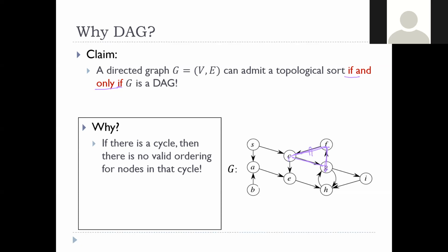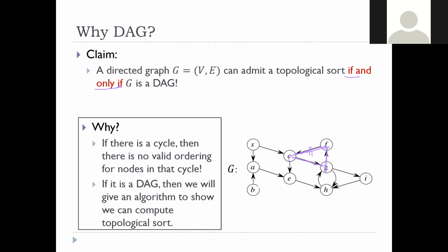To prove that this is the case, we're going to design an algorithm that computes a topological sort for any DAG. So you give me a directed acyclic graph, and we have an algorithm to compute a linear ordering of all the nodes of this graph, a topological sort.